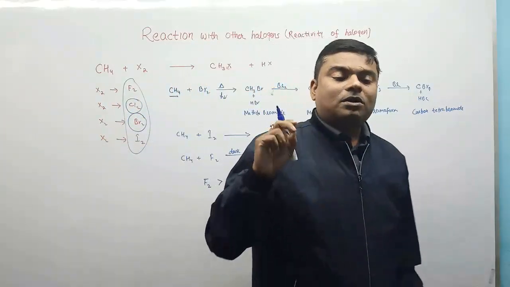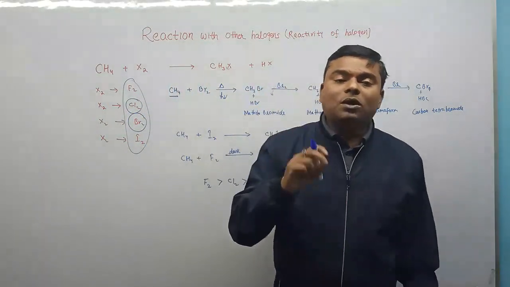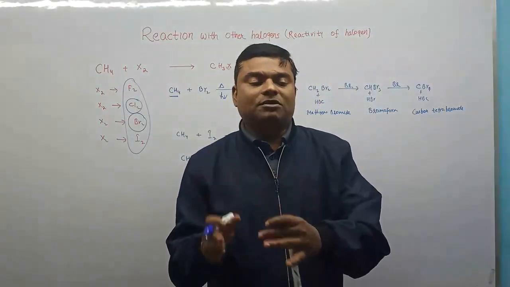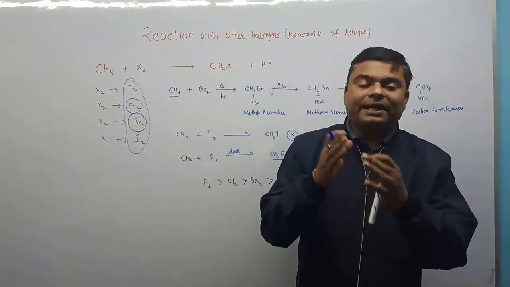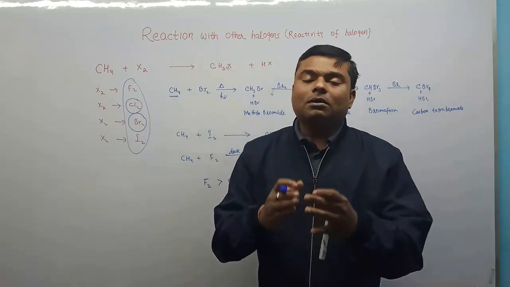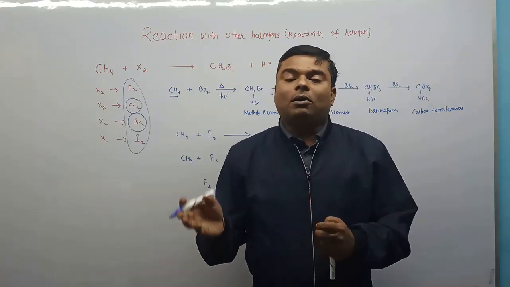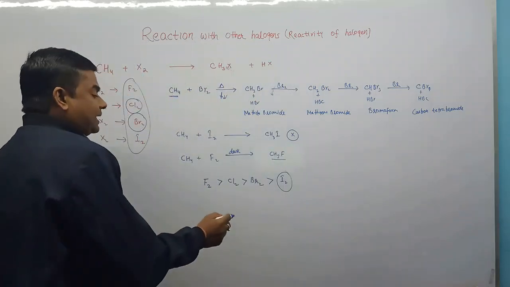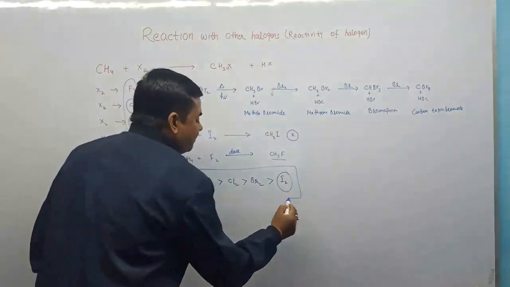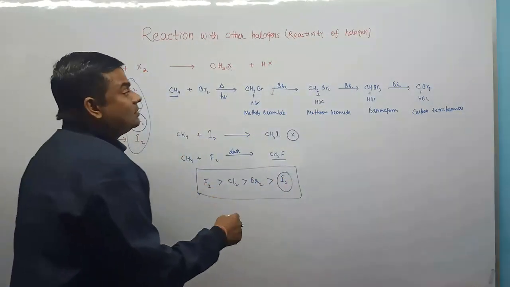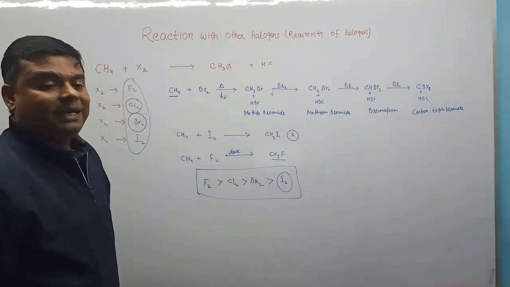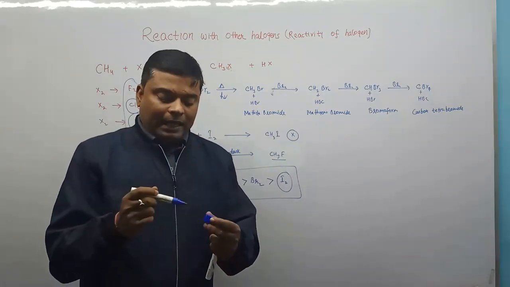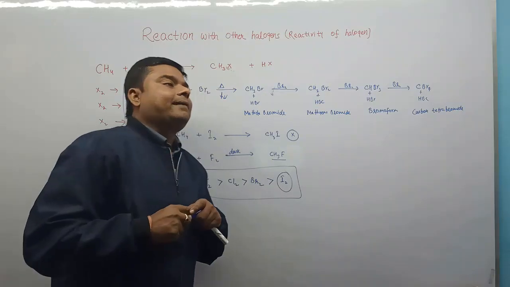This same order of reactivity holds for the reaction of halogens with other alkanes, and indeed most other organic compounds, and all the reasons for which the reactivity lies lie in the reaction mechanism, that is the free radical halogenation, how the reaction takes place.